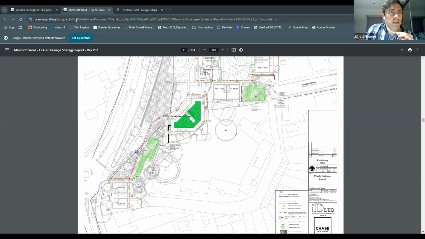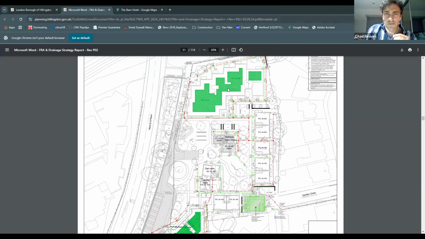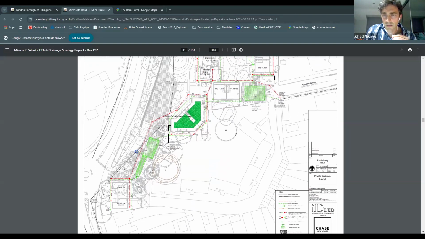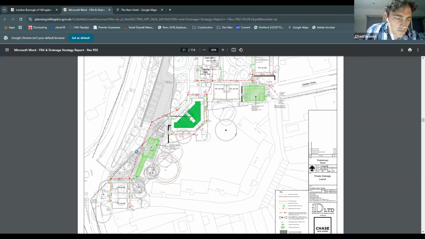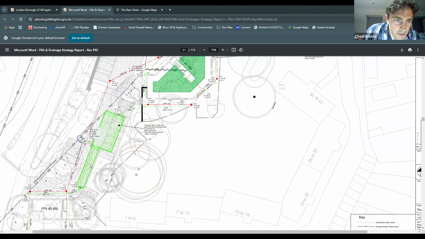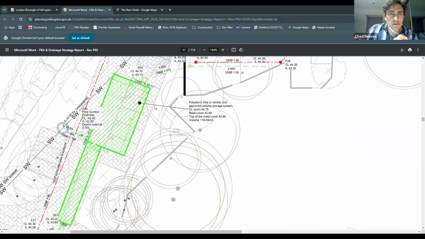So this is the Hillingdon Planning Portal, and I've opened up the drainage report. I talked within the sustainability question about how we've addressed flooding, and this is a useful drawing from our civil engineer. These are the locations of the underground storage.